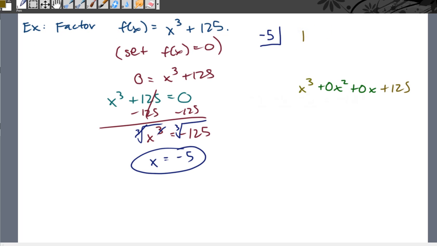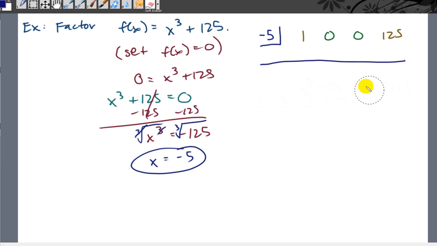So we have a 1 followed by 0, 0, and then 125. Now let's use synthetic division. First, this number drops down. Negative 5 times 1 is negative 5, then negative 5 times negative 5 is 25. Negative 5 times 25 is negative 125, which gives 0.